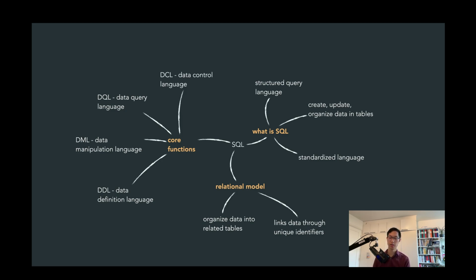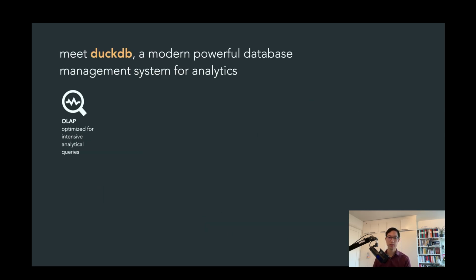Then we have DCL, data control language, and here we give permissions, so we can grant and revoke different types of permissions to different roles, so that different people get various types of permissions, and not everyone gets admin permission. However, DCL doesn't exist for DuckDB, so we won't go into it in this course. This will be more in the next courses that we will have.